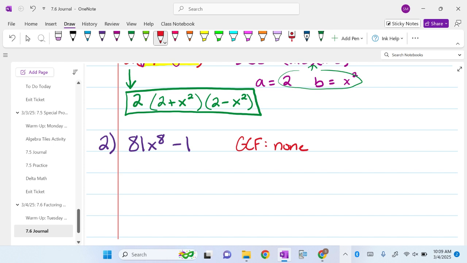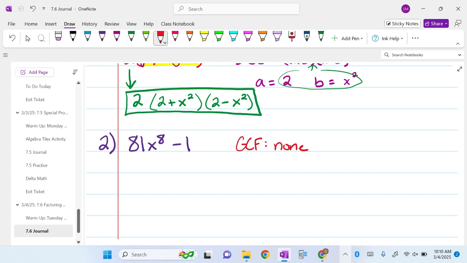What strategy do you think I'm going to use based off of how many terms we have, Foster? So what strategy am I going to use based off the number of terms that I have? It's a binomial, so that means we have to use what?